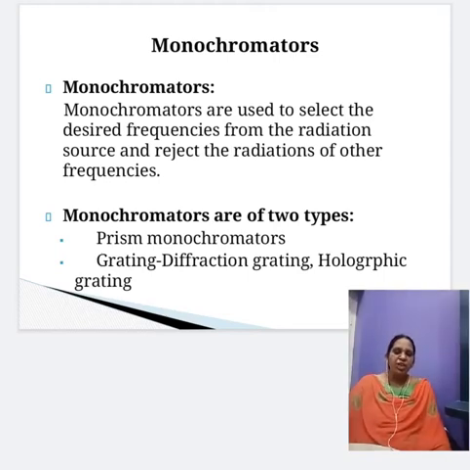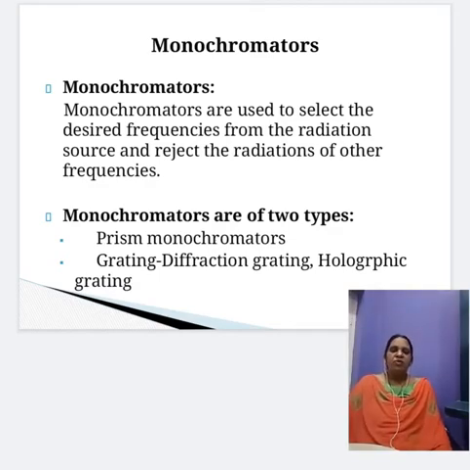Large dispersion and high resolving power are necessary in monochromators to measure emission spectra accurately.